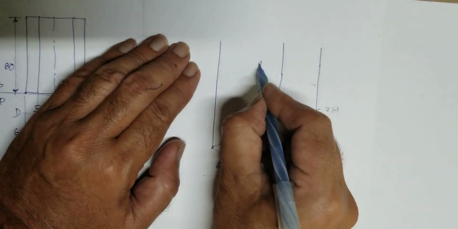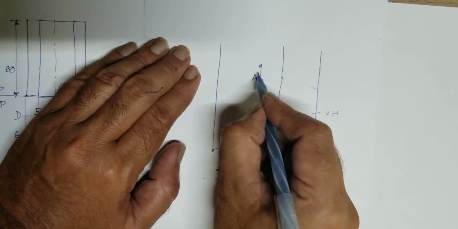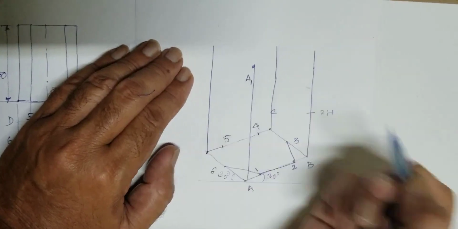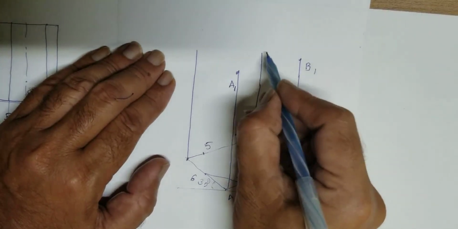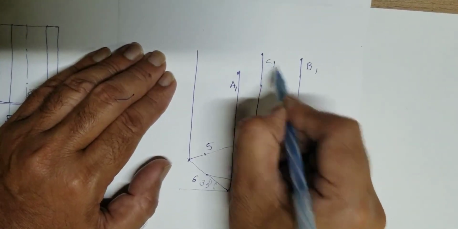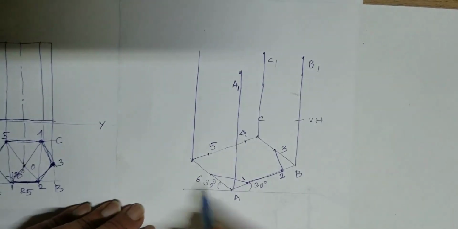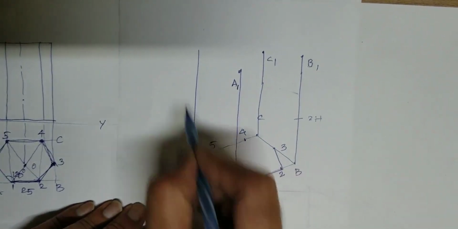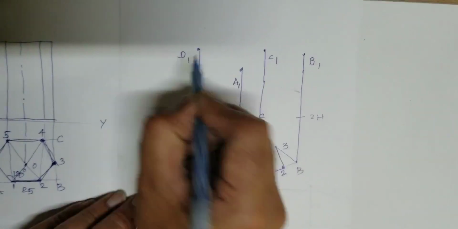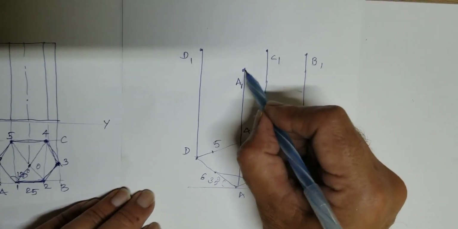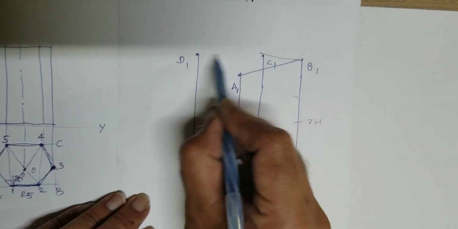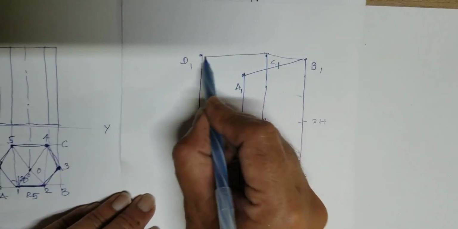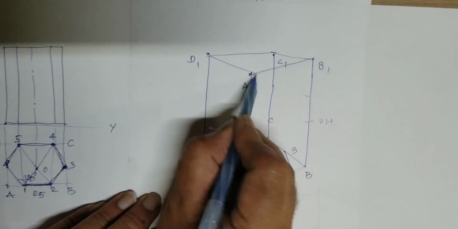Let us say I am marking as A1, B1, C1, D1, because it is A, B, C, D. So now A to B, B to C, C to D, D to A like this.